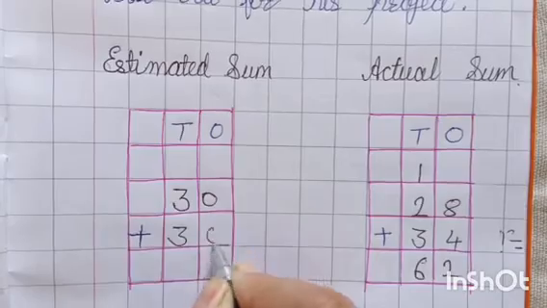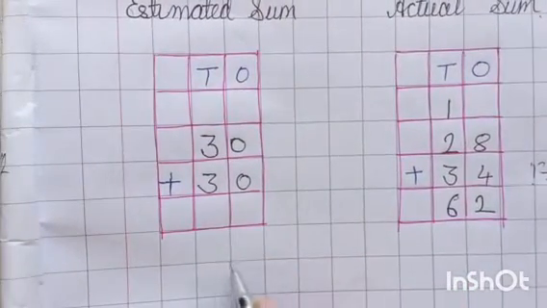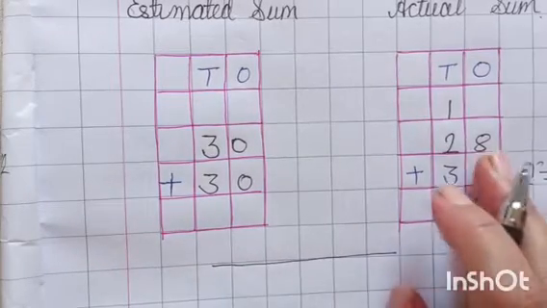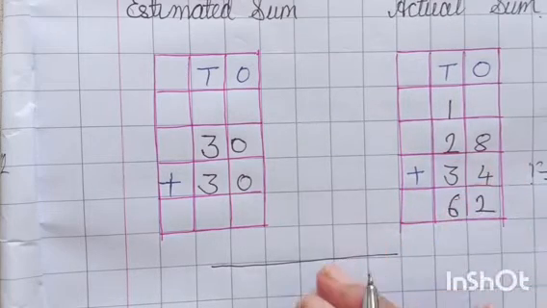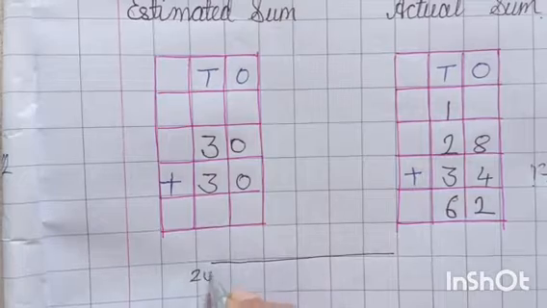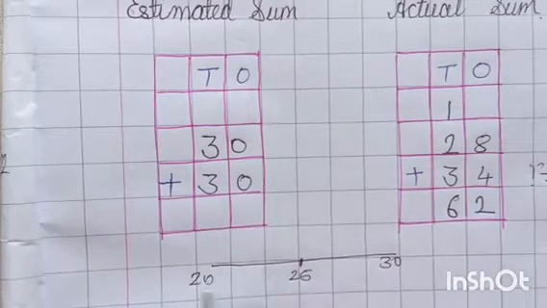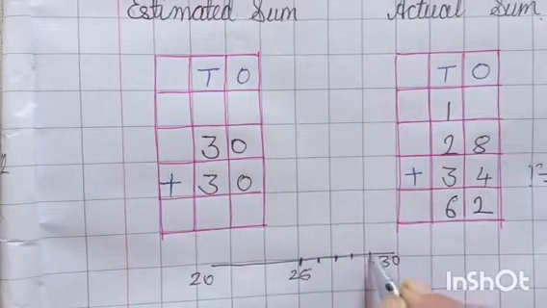Yes, as we know, while finding the nearest tens of a number, what do we do? First we see between which tens the number is coming. So 28 is coming between which numbers? 20 to 30, and this is the middle number of 20 to 30, and 28 is coming here, 26, 27, 28, 29.